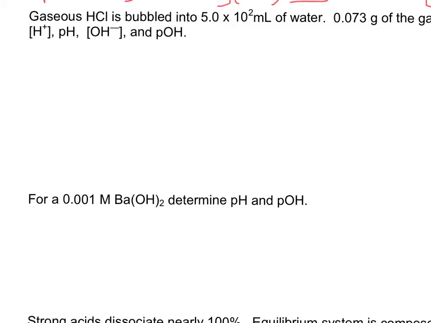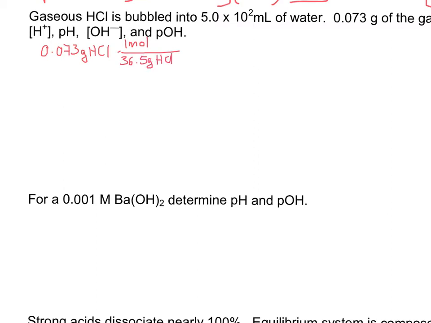So first thing, we're going to convert our grams into moles of HCl. We have 0.073 grams of HCl. 1 mole of HCl is 36.5 grams of HCl.